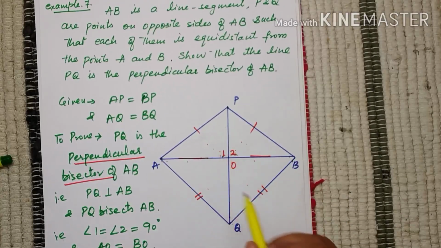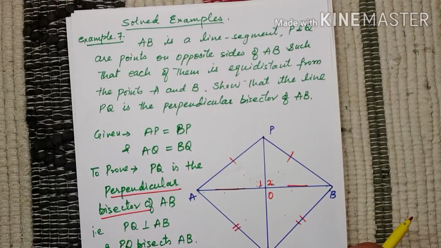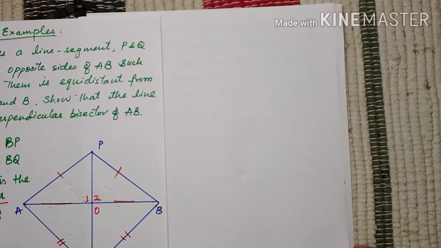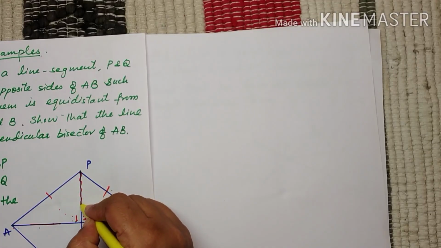Either I prove the two upward triangles or the two lower triangles congruent. Now, let's concentrate on the upward triangles only. How do I prove two upward triangles congruent? What is given to us? I have these two sides equal and I can see this side common.